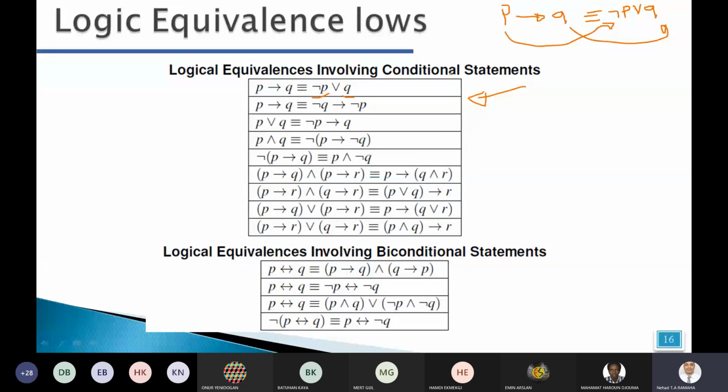This one is almost the opposite of this one. This means this one comes from this law. If you have P or Q, it's logically equivalent to not P implies Q. So it's better to connect between the laws.